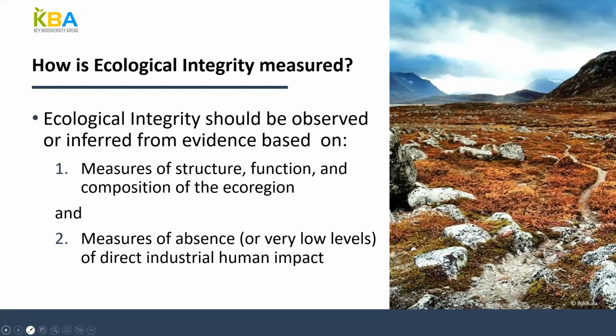Instead, it's talking about the idea that human impact must not have eroded the ecological integrity of the site. So we went over the measures of structure, function, and composition of the ecoregion, but I will go over the measures of absence of direct industrial human impact in the next section.